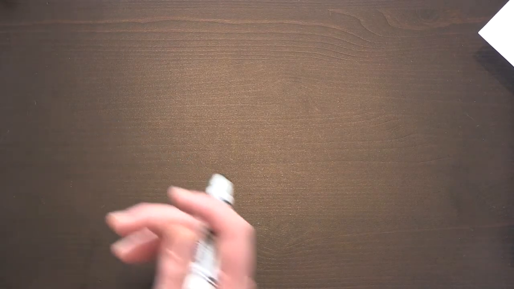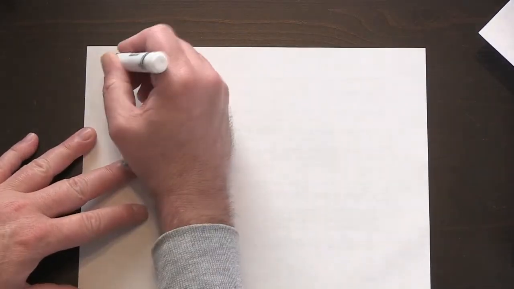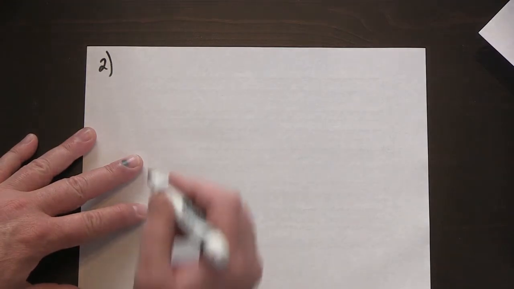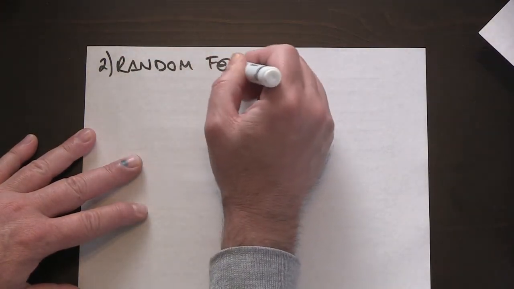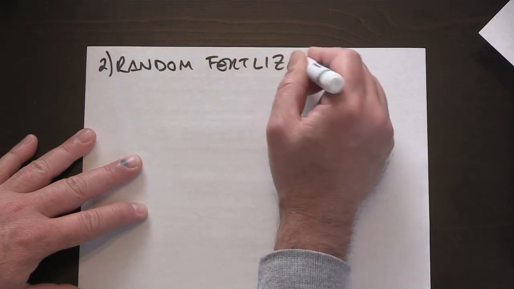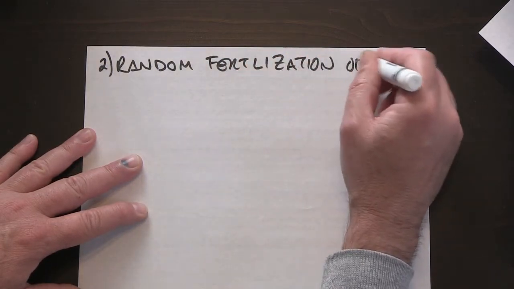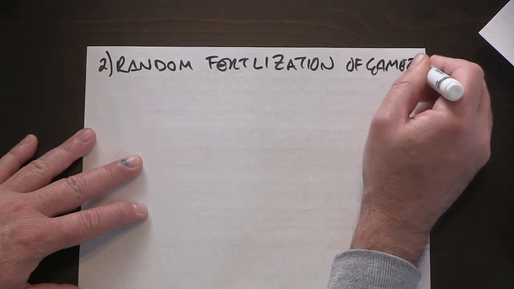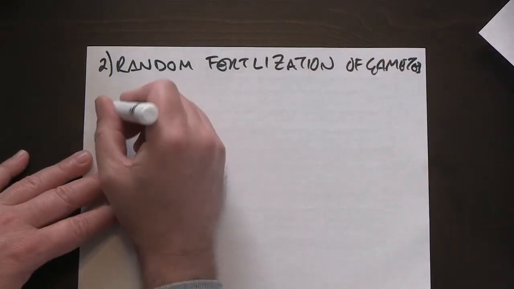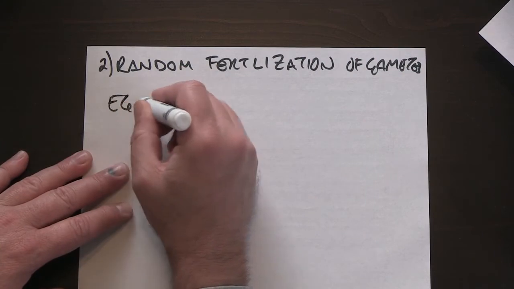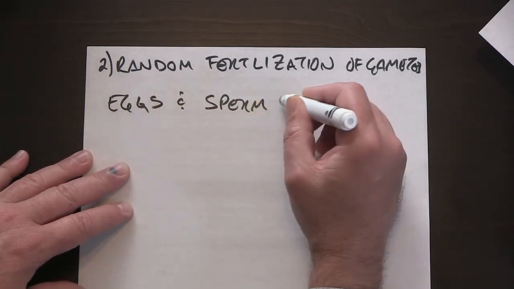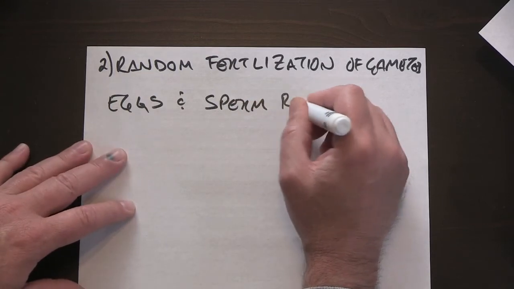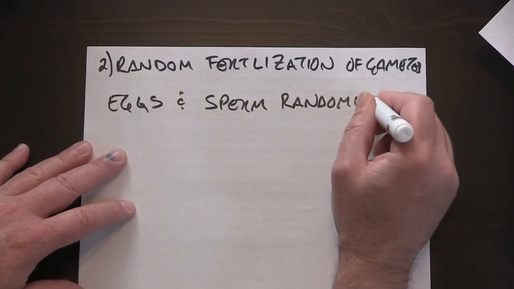So with that, we can go to source number 2, the random fertilization of gametes. The principle behind this is that eggs and sperm randomly fertilize each other.